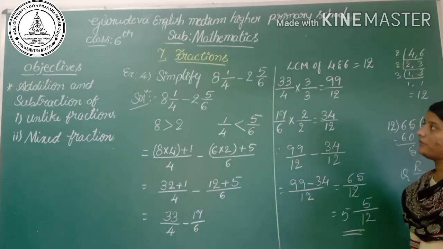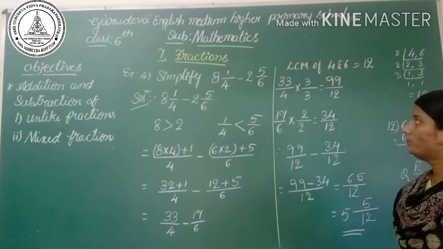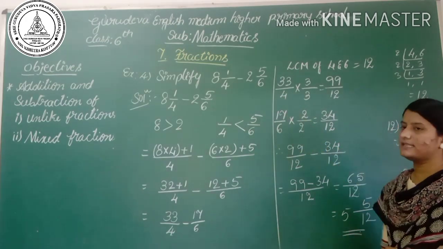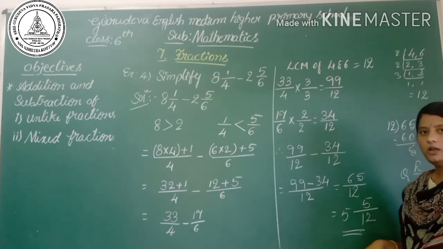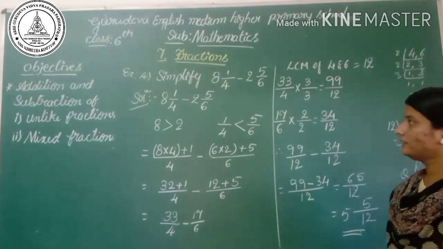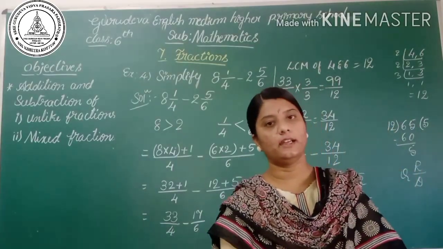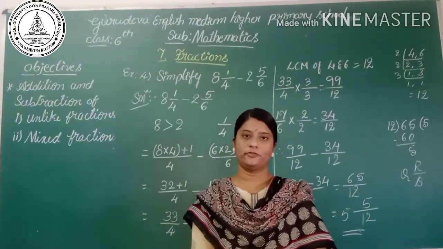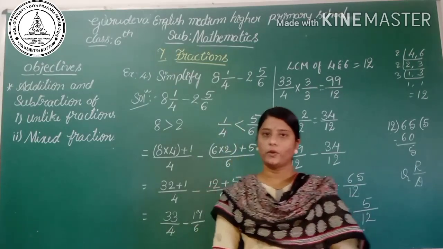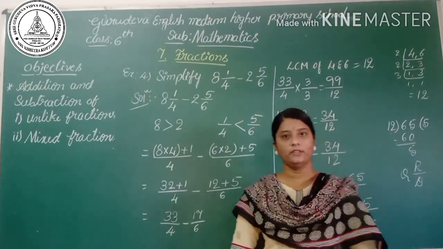So the difference between 8 whole 1 by 4 minus 2 whole 5 by 6 is 5 whole 5 by 12. Okay. Is it clear? Yes. Up to here we have learned the addition and subtraction of unlike fractions and mixed fractions. So in the next class we are going to solve exercise 7.6.